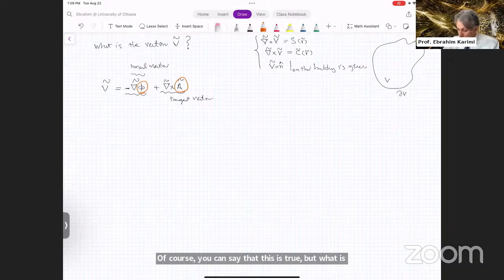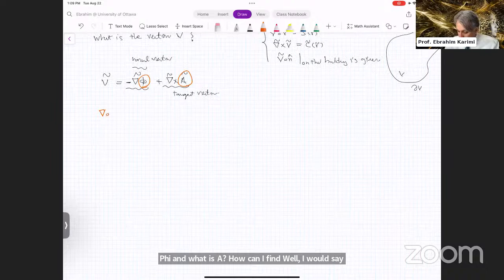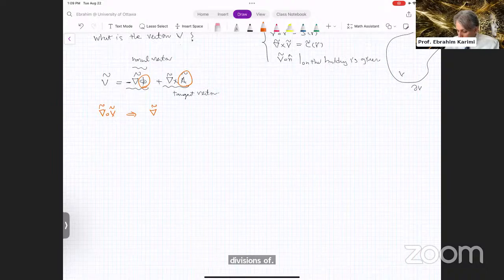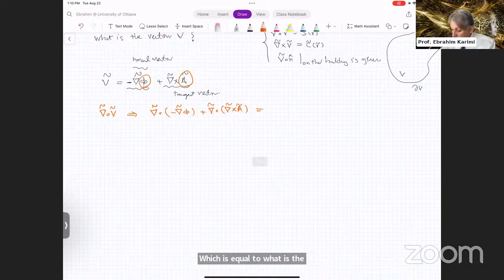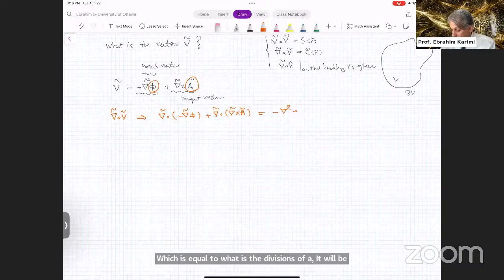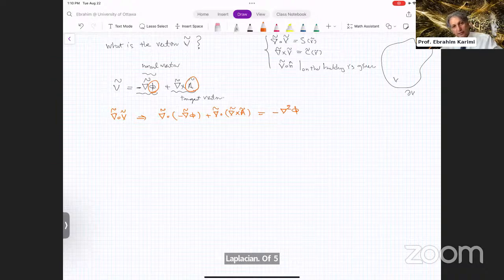Well, I would say replace it inside the divergence of V. Then the divergence of minus gradient of phi plus divergence of curl of A is equal to, what is the divergence of a gradient? It will be the Laplacian of phi. Divergence of a curl, guys?